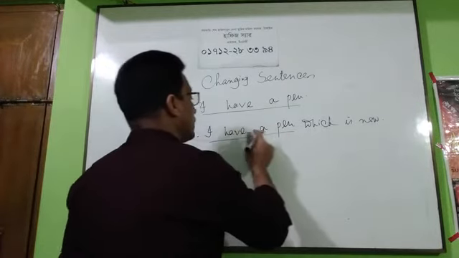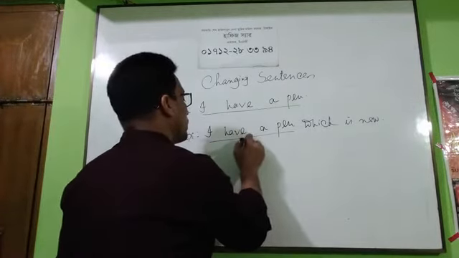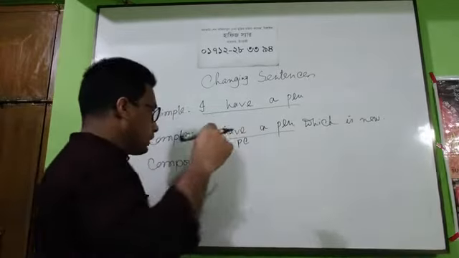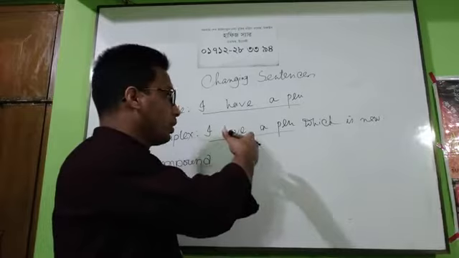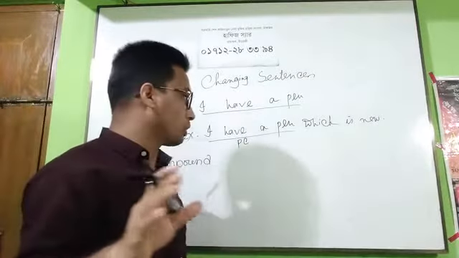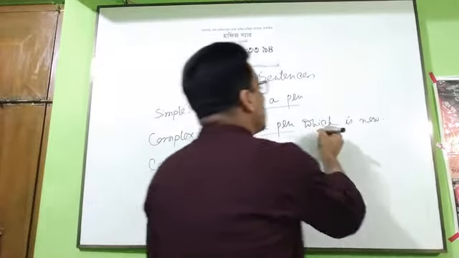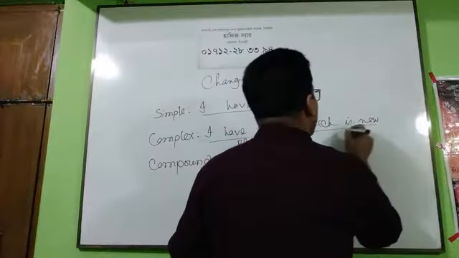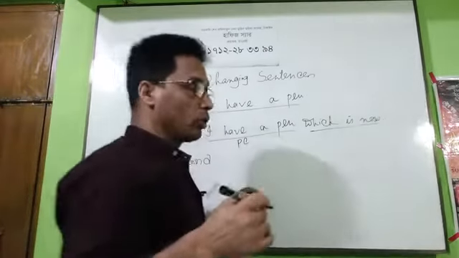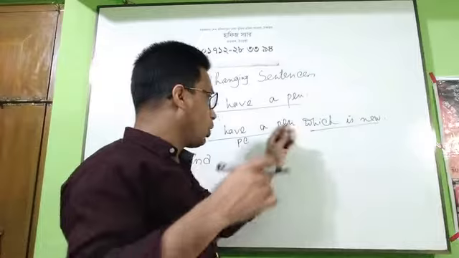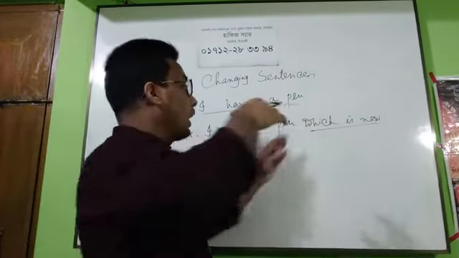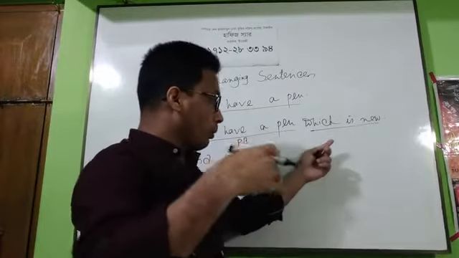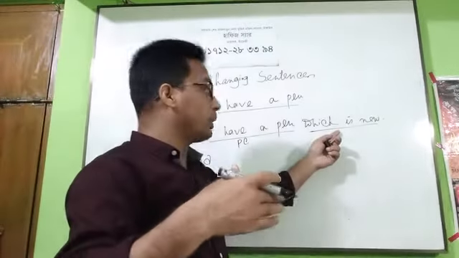I have a pen. It is principal clause because this clause can easily express its meaning without depending on other clause. But which is new, it is subordinate clause or dependent clause, because without principal clause, this clause is totally unable to express its meaning.